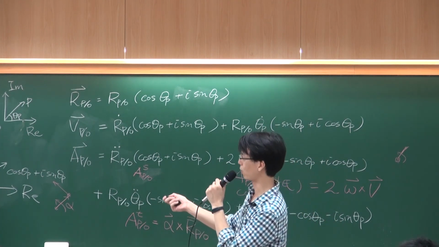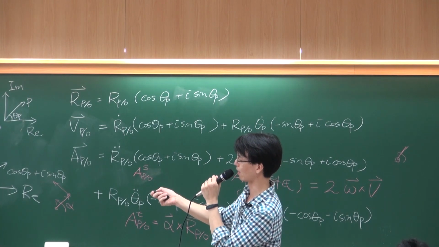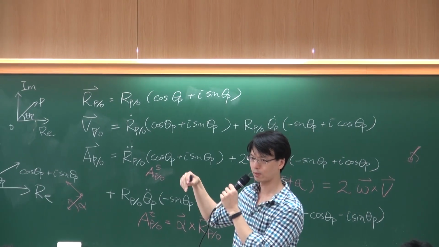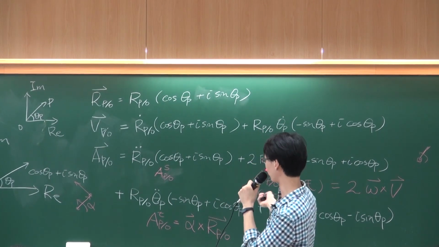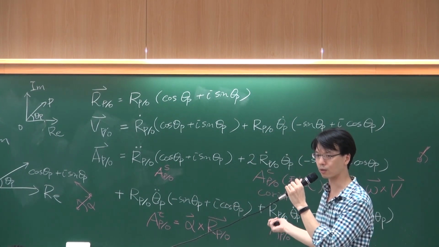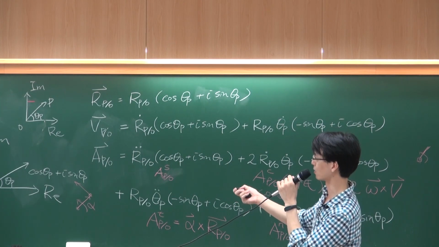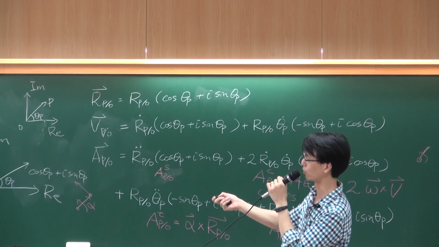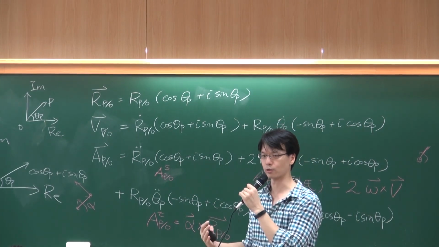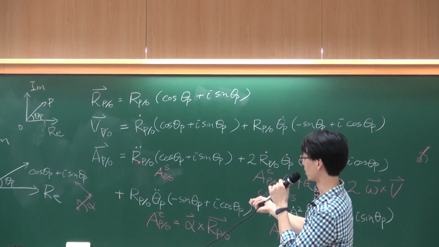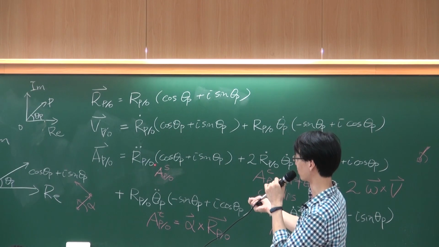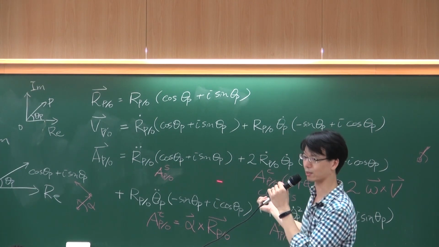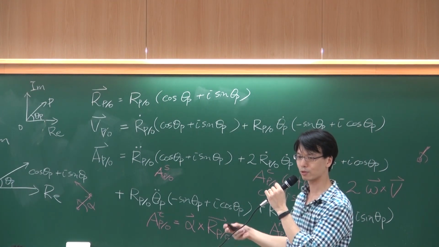Previously, either the length was fixed or the orientation was fixed, so we only had a few components of these four. But now, if we consider that the length is going to change and the orientation is going to change as well, then there's going to be this case with the most components. That's the most extreme case.